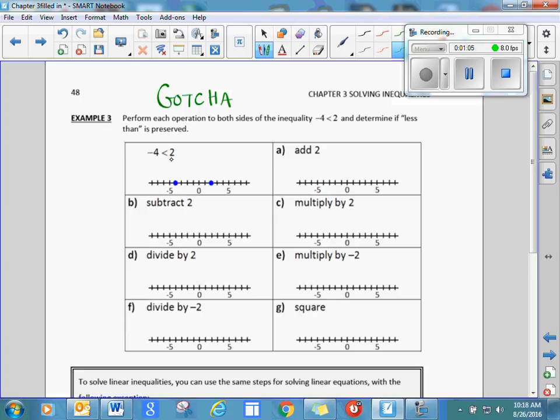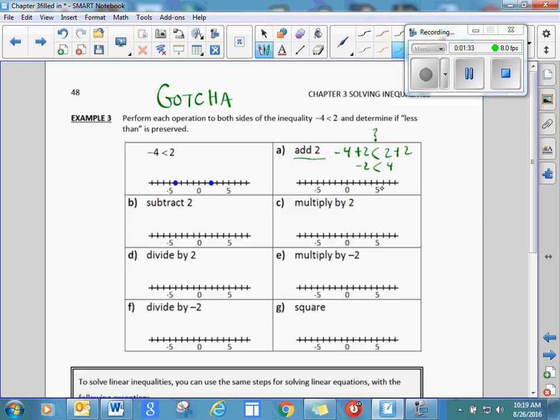So the same applies with inequalities. Let's take the two target points, -4 and 2, and add 2 to both sides. So -4 plus 2. Is this really still less than 2 plus 2? And yeah, -2 is less than +4.